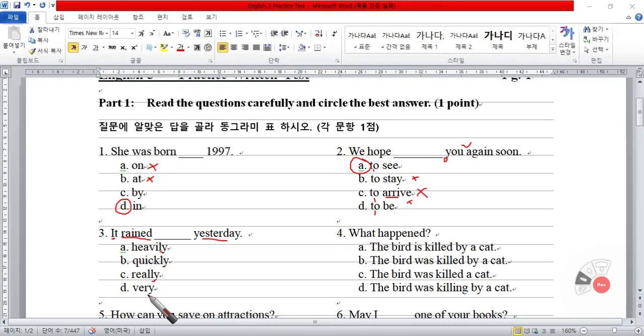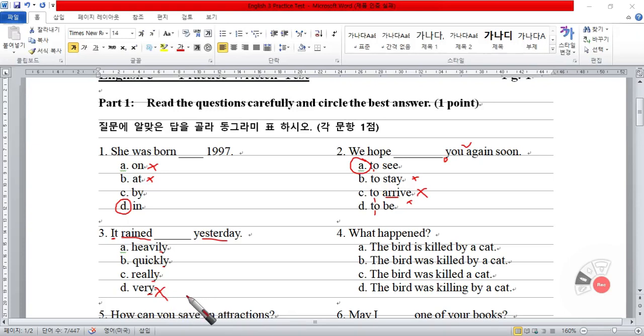And of course, very is often used for describing adjectives. So D would be incorrect because even though it's an adverb, we don't use it to describe verbs. We use it to describe other adjectives.